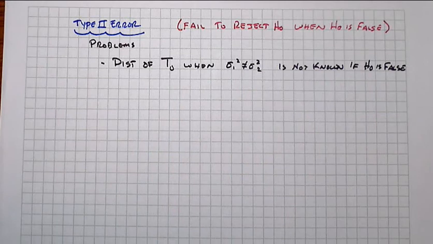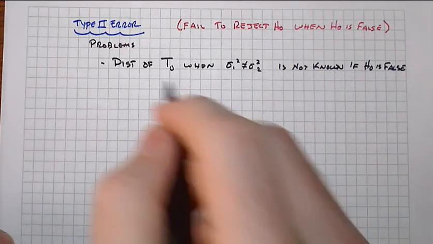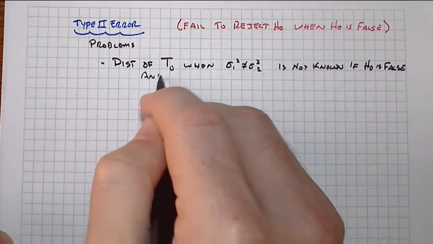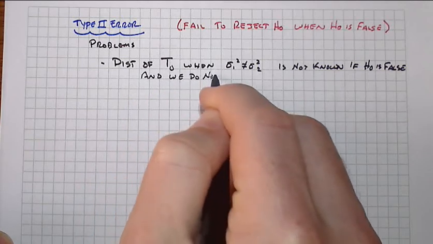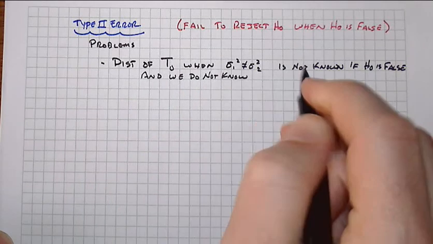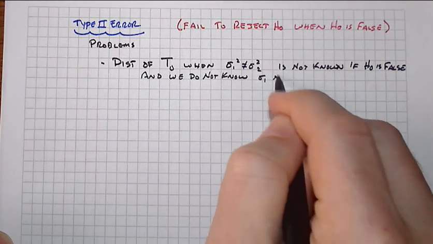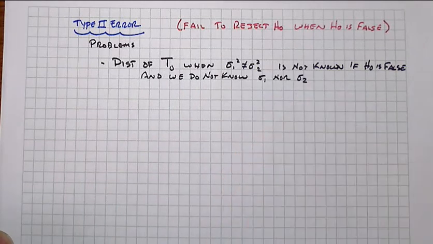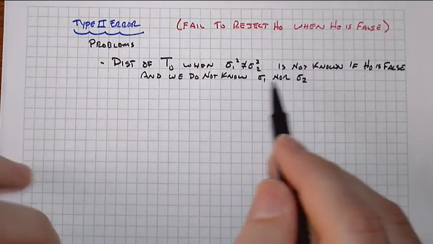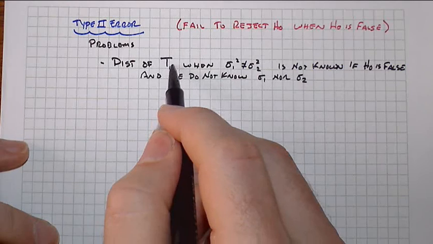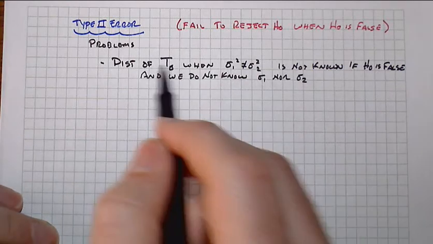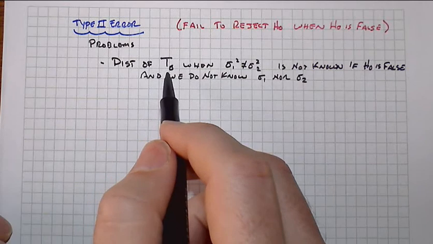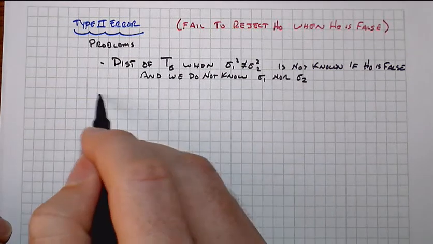And now we're going to complicate things here and say that we do not know sigma 1 nor sigma 2. And so whether those two are the same or whether they differ, we don't know them anyway, and under the conditions of H null being false, we don't know what this distribution is going to be.